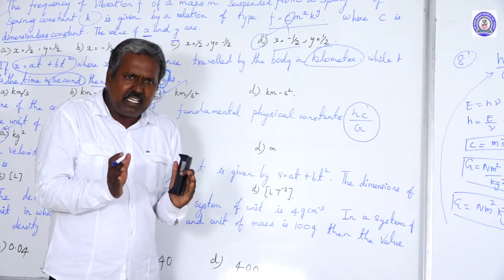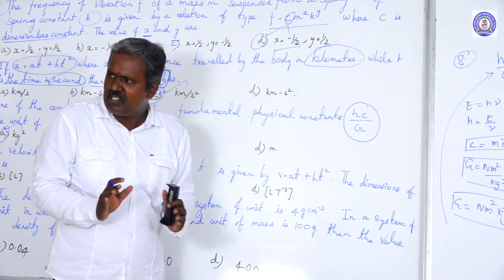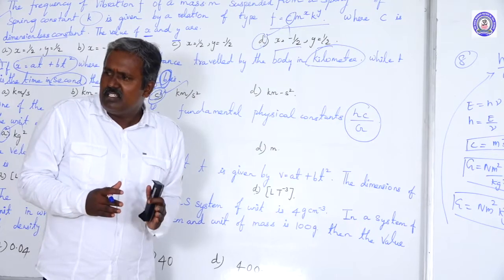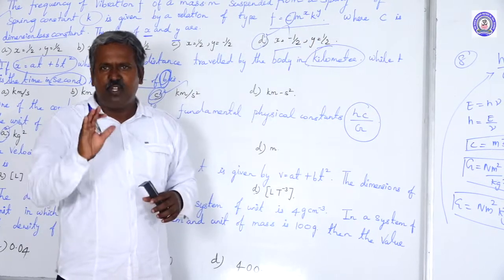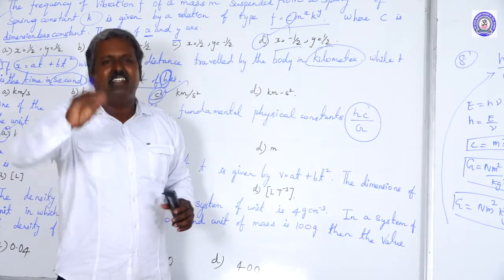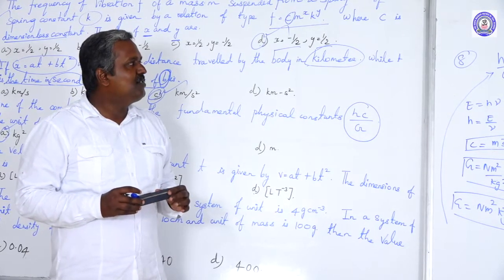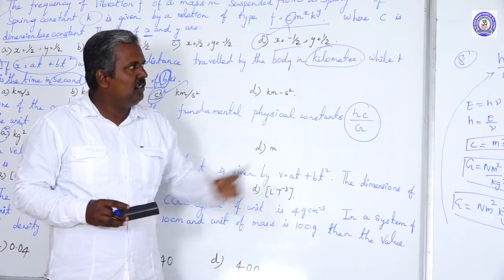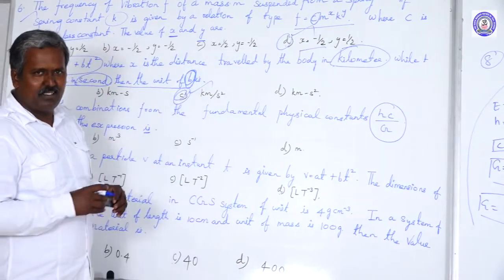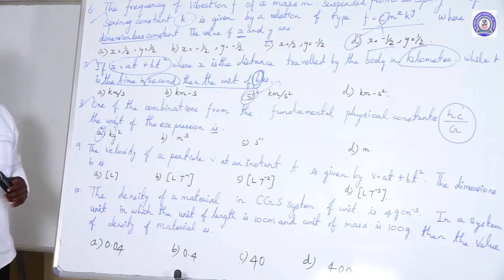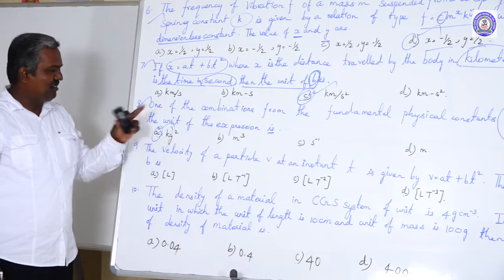After getting the correct units for the constants, only then can you apply all these units in the general equation. Now only you get the correct answer. That's all. So hc by G is equal to kilogram square. Clear? Okay, so the option is first.